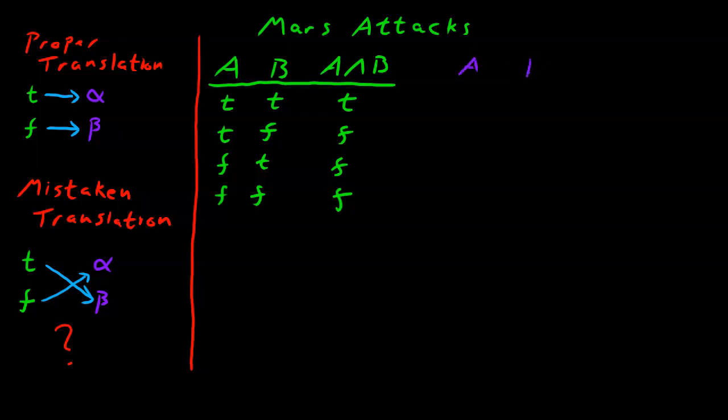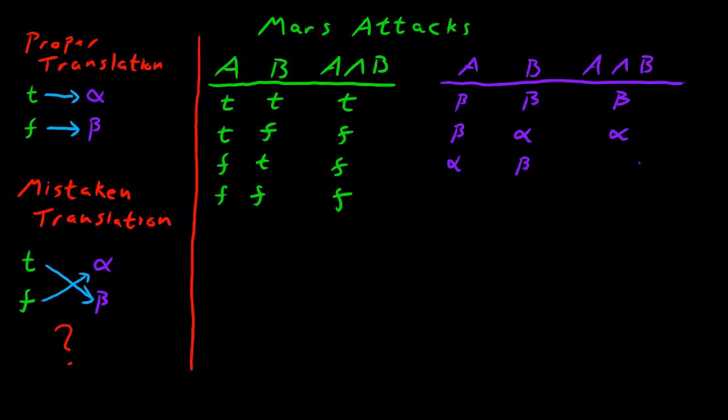So for A, B, and A and B in the Martian translation, our first row will be beta, beta, beta, then beta, alpha, alpha, alpha, beta, alpha, and alpha, alpha, alpha.